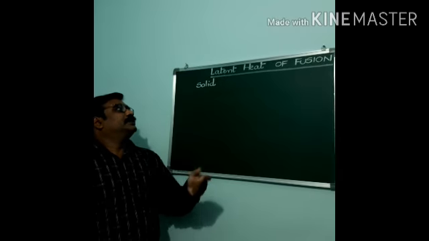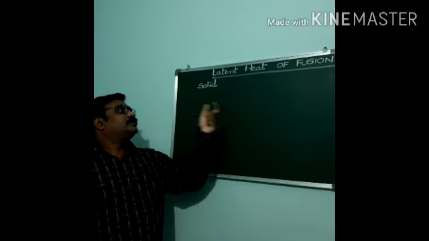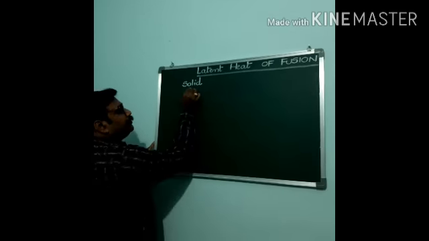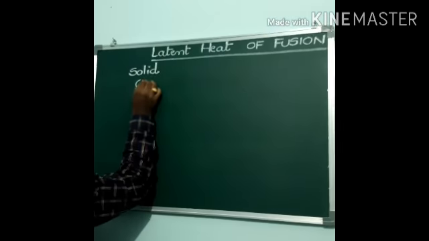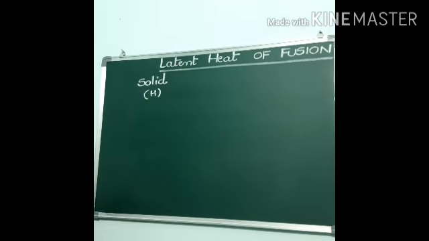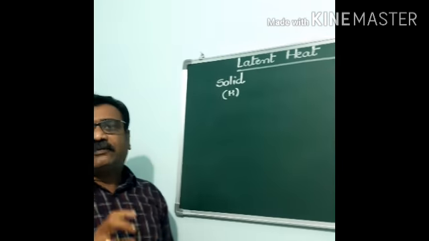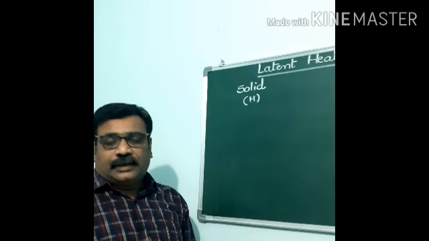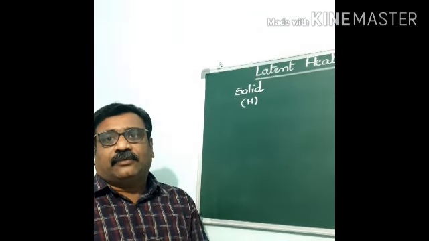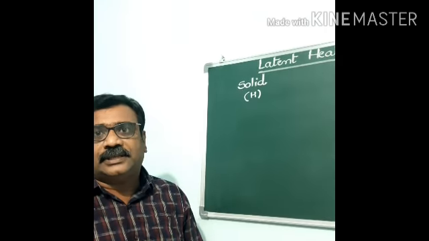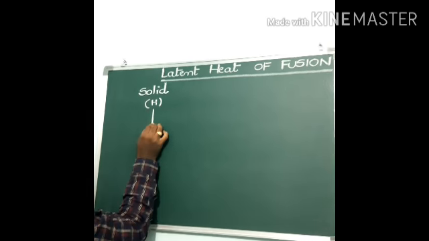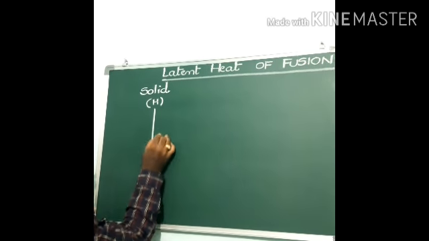Latent heat of fusion. In the case of latent heat of fusion, heat is given to the solid. Then what happens? Particles inside the solid start vibrating and they get kinetic energy. Once they get kinetic energy, the temperature increases to a particular level.